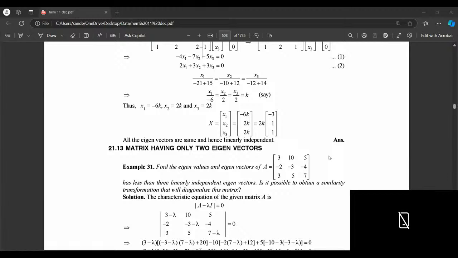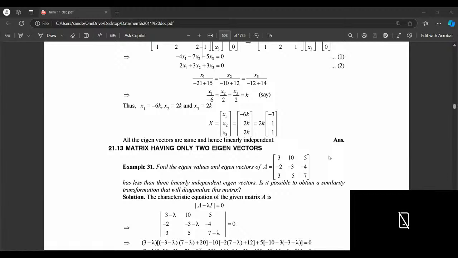Then you have seen some properties of eigenvalues, to check whether our eigenvalues are correct or not. If we take the product of eigenvalues, this product should be the same as the determinant of that matrix.